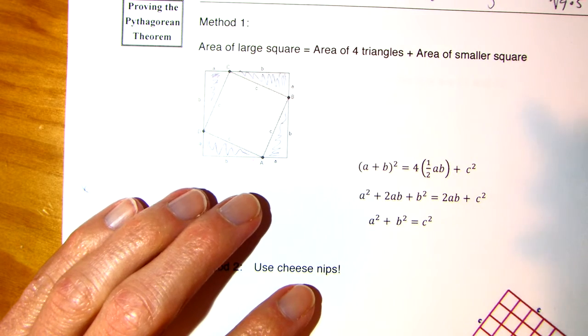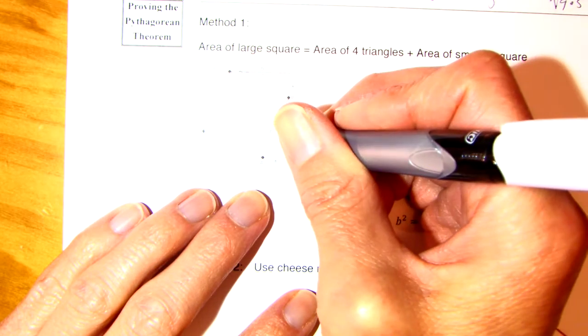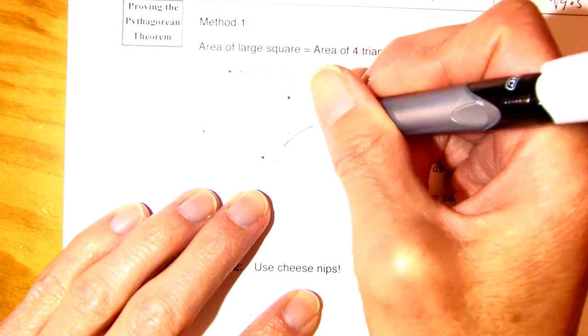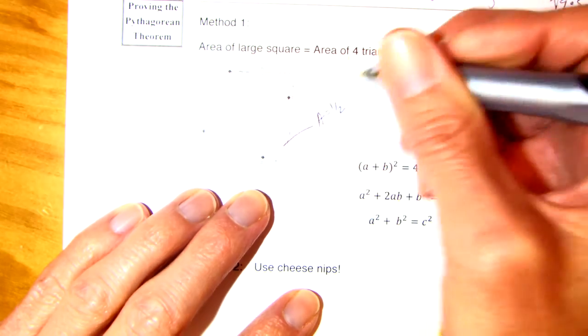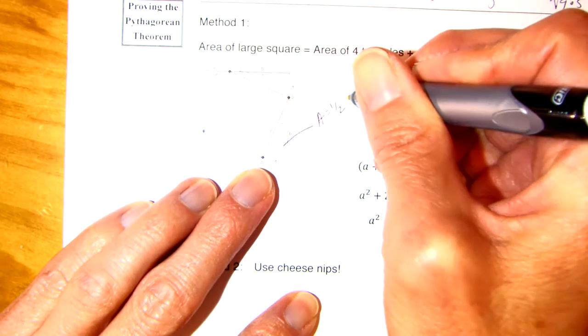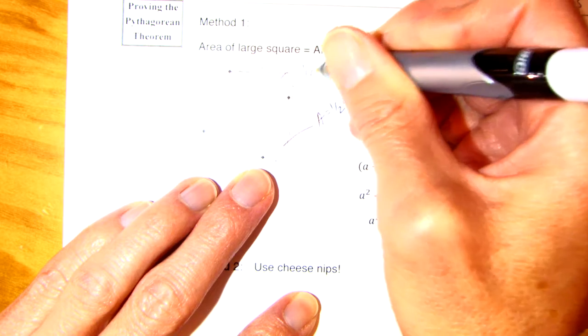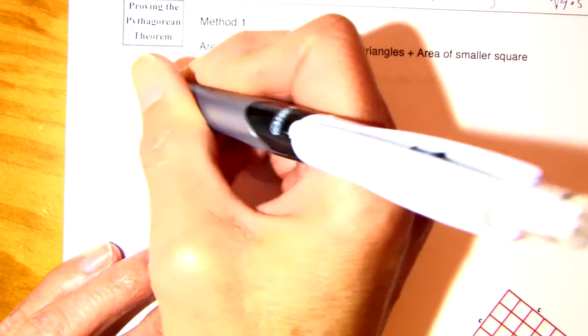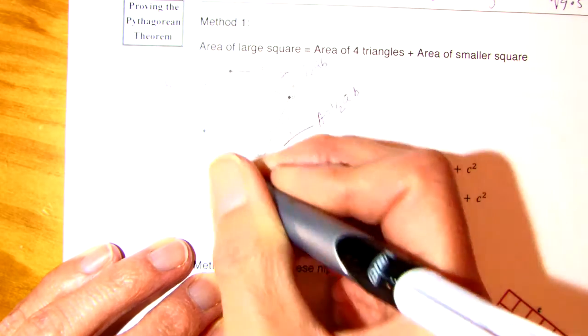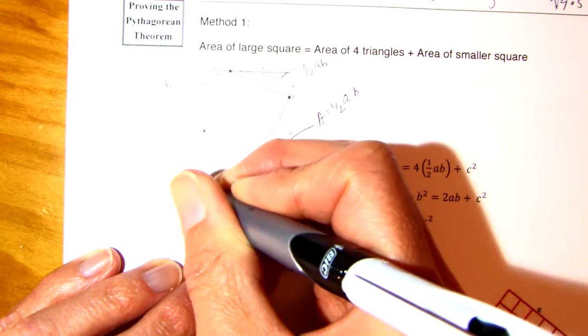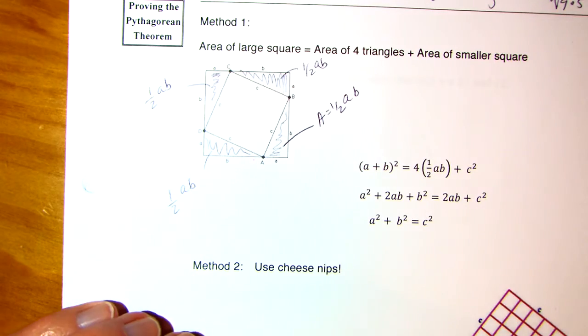And each one of these little triangles, the area is equal to 1/2 the base times height. So 1/2 AB. Same with this one. 1/2 AB. 1/2 AB. 1/2 AB. So far, so good?